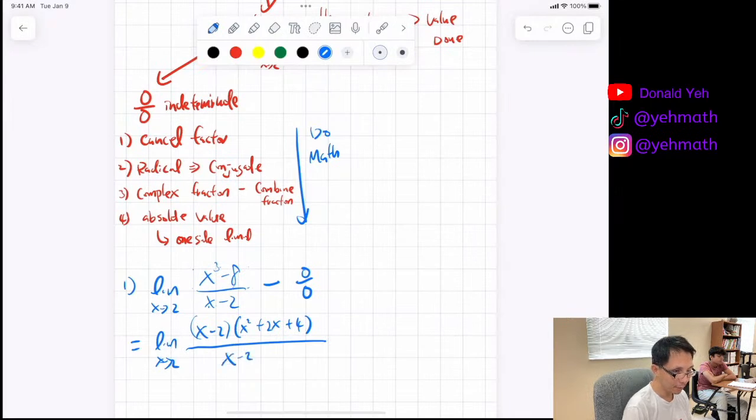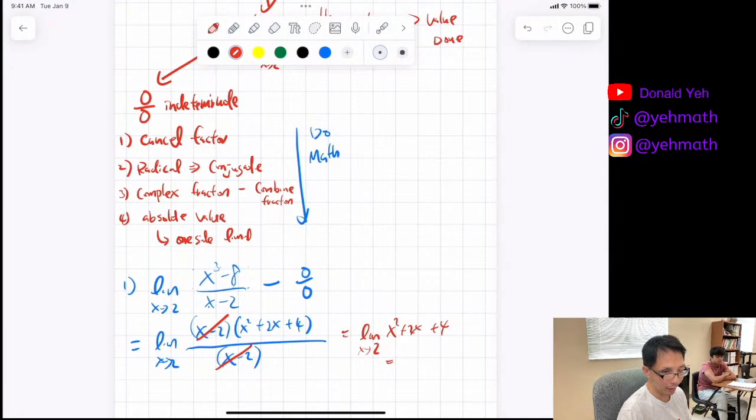So x minus 2, I factor the top. And guess what will happen when I factor the top? I prevent the denominator from being 0 now. So that becomes the limit as x approaches 2 of x squared plus 2x plus 4. Now I can plug in 2, so it's 4 plus 4 plus 4, which is equal to 12.